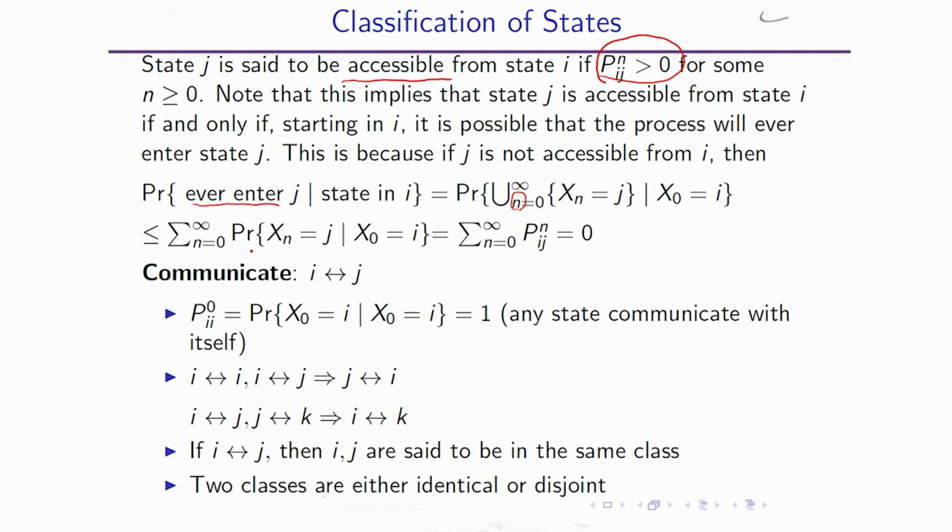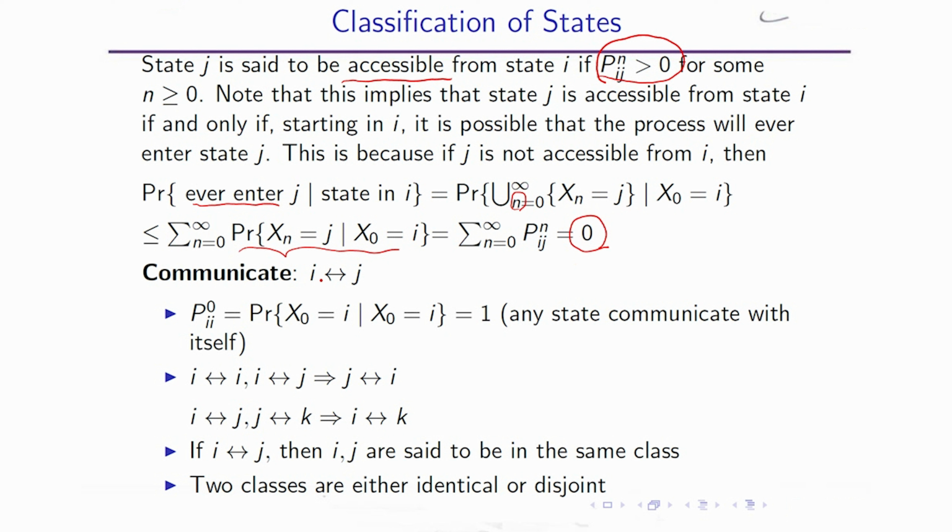If P_ij^n is 0 for all n, then the summation must be 0 too. So if j is not accessible from i, the conditional probability that, starting in i, the process will ever enter j must be 0.